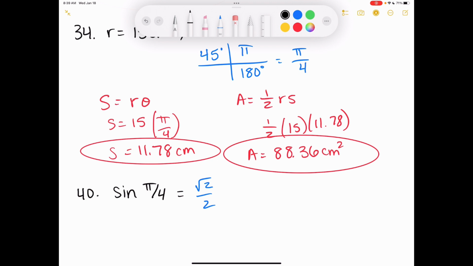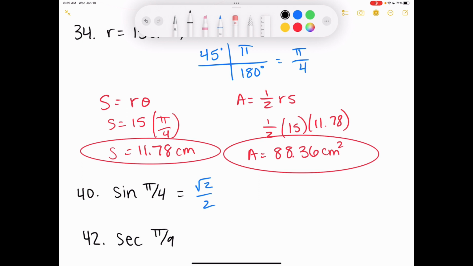Let's see, the next one, 42, is secant of pi over 9. Now, are either of those two things something that's on your unit circle? No. So secant's not on there, and pi over 9's not on there. So I'm going to need my calculator.